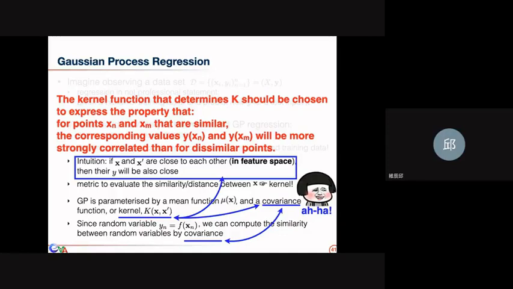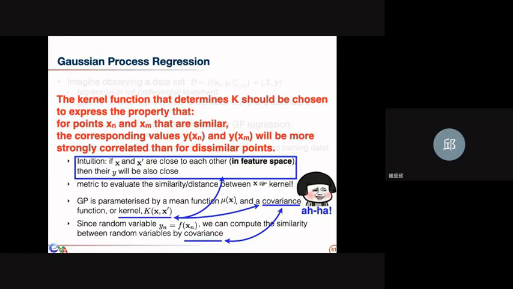The kernel function determines the Gram matrix K, which should be chosen to express the property.